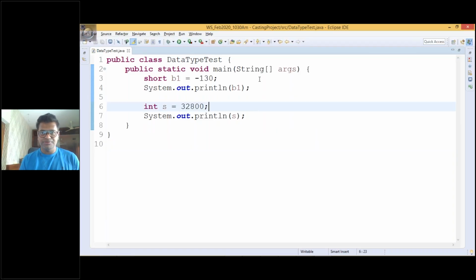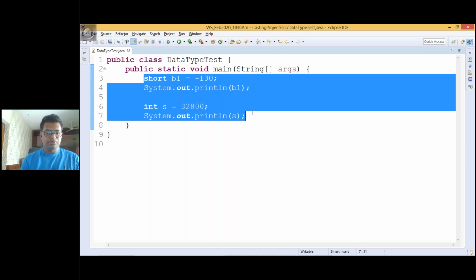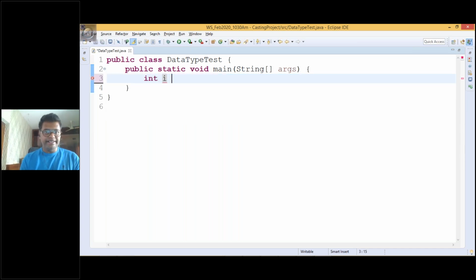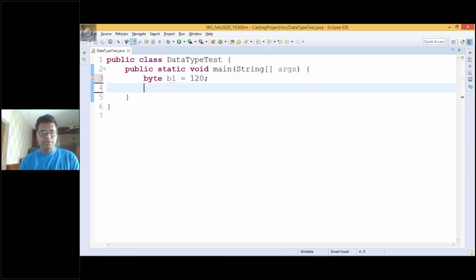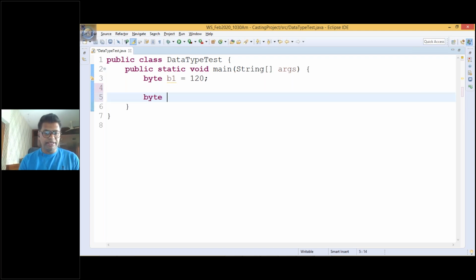Now observe Eclipse. I have a variable called byte b1 equal to 120. Now I'll take one more variable called byte b2. What is b2? It's a variable. This b2 is nothing but an empty mug. So can I assign b1 into this?